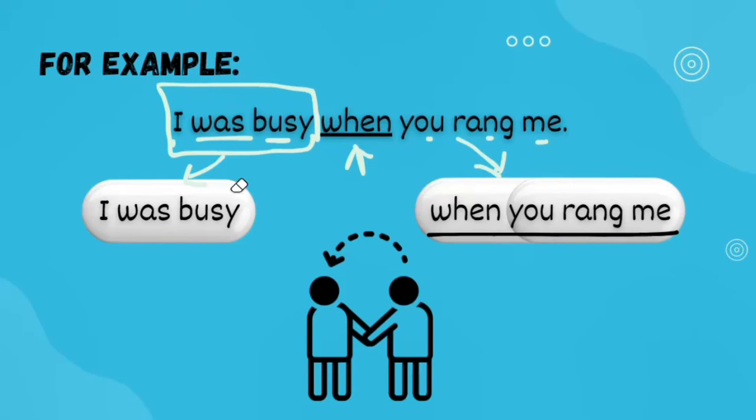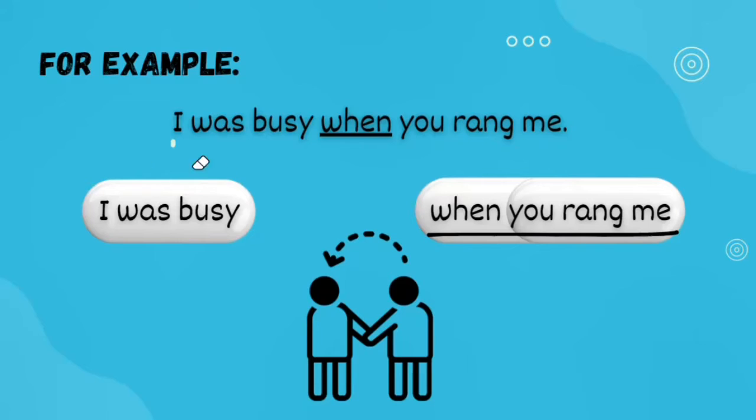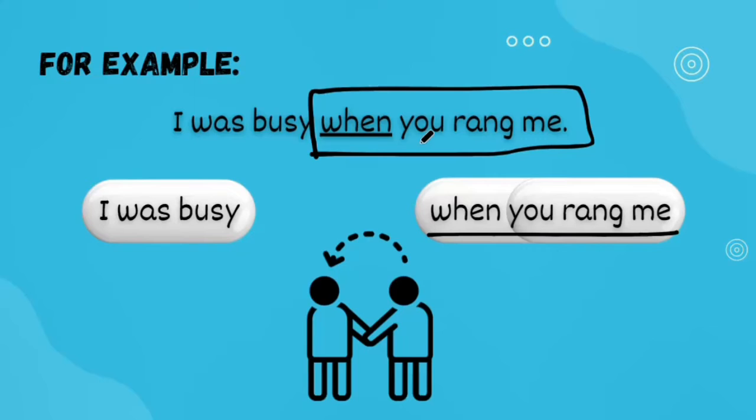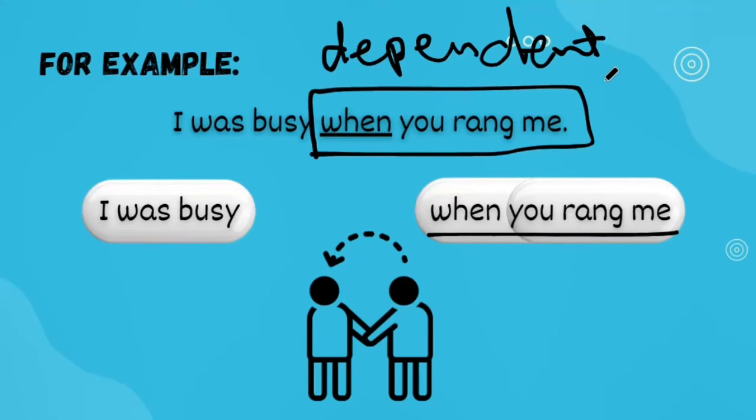Now let's read these two things together. I was busy when you rang me. Since this part of our sentence cannot stand alone, cannot stand on its own, we call it the dependent clause or the subordinate clause, right?